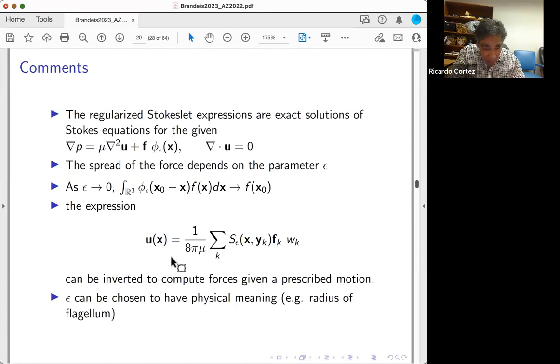For example, this particular way of looking at the relationship between U and the force can be inverted. So for example, if I have a particular velocity that I want my flagellum to have, and I know this velocity, I can try to find the forces that produce that velocity by setting this up as a matrix, a linear system.